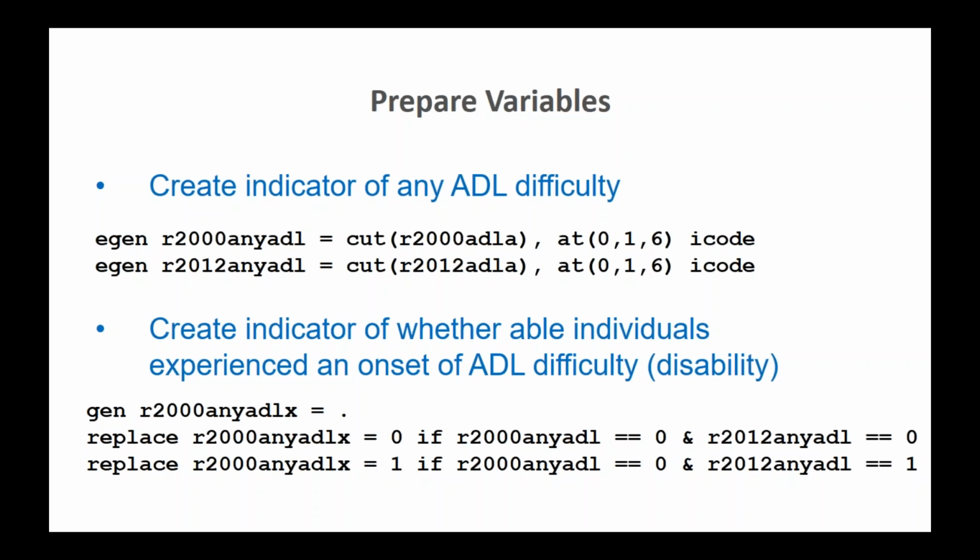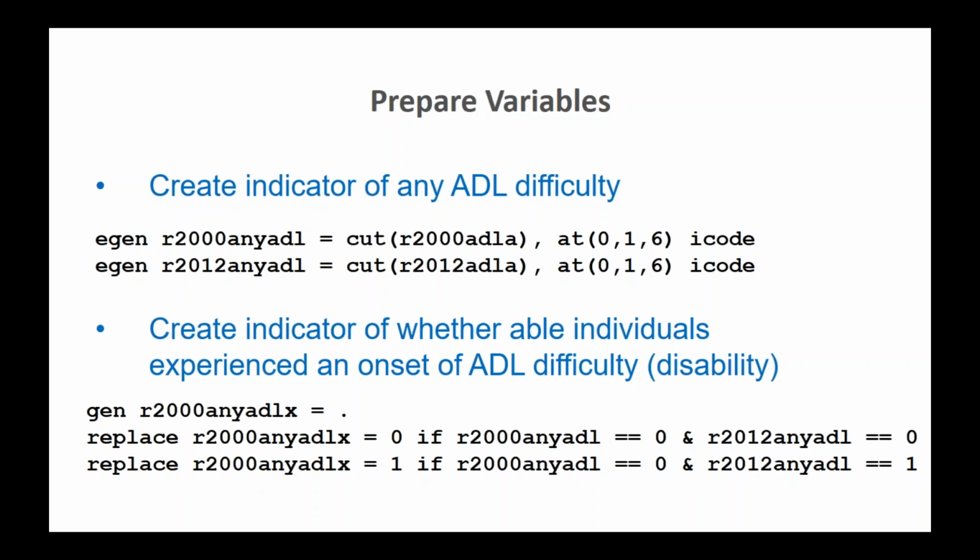The other thing that we're doing here, which might not be as obvious, is that anyone who wasn't interviewed both in 2000 and 2012 would not have a value for this variable. So this variable, which we're going to be using, captures what's called a balanced sample, meaning that it only includes people who were in both waves of our analysis, so both in the 2000-2001 interview and in the 2012 interview.